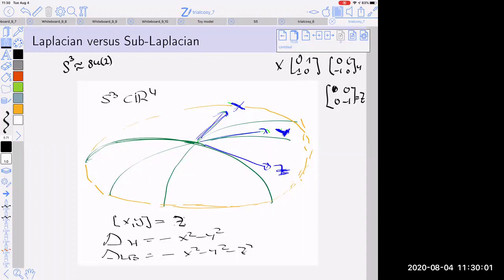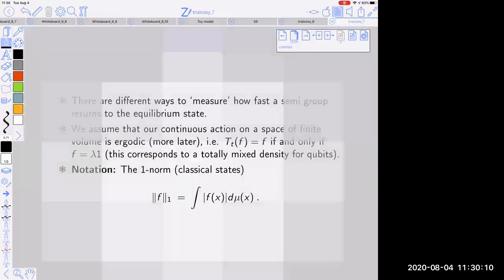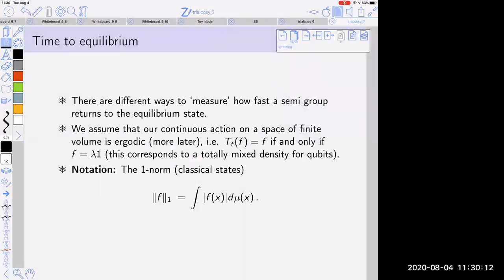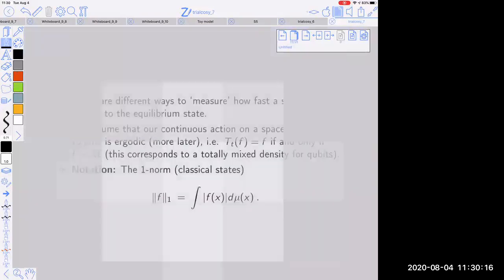And whenever you write down a differential operator, you can look for the heat semigroup generated by that operator, and that's what we use here. So what we get at the end of the day is the semigroup, right?